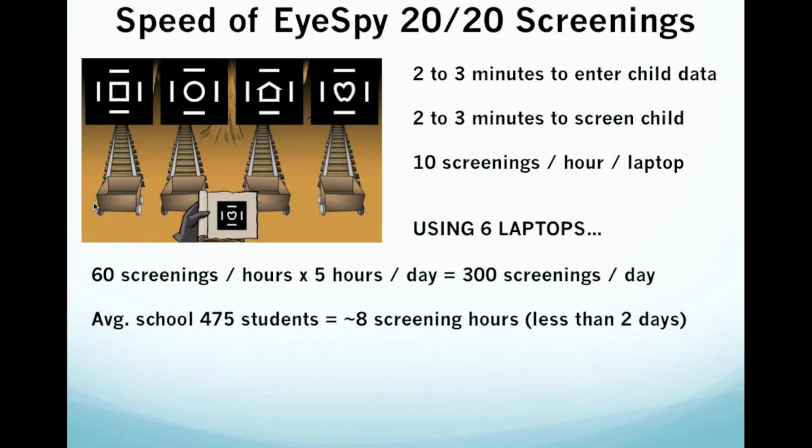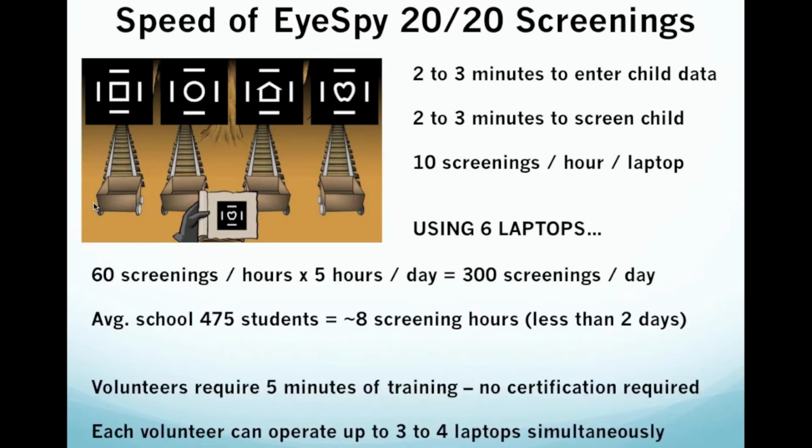And that means that the average school can do mass vision screening of every one of their students in less than 2 days. And one of the other advantages to EyeSpy is that it's always available to the school. So if students were not available on the days that the mass vision screenings were conducted, you could do individual vision screenings whenever you wanted to. The volunteer engagement with EyeSpy is very easy because you don't require certified vision screeners. It literally takes about 5 minutes to show someone how to use EyeSpy.